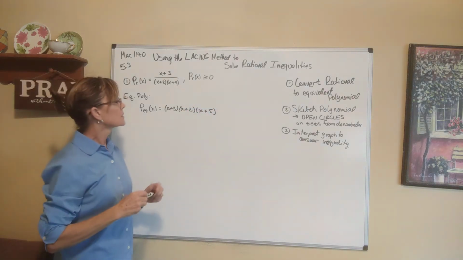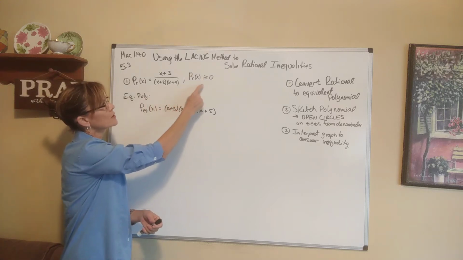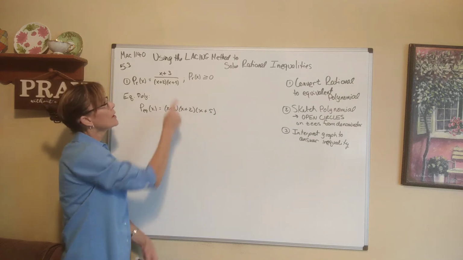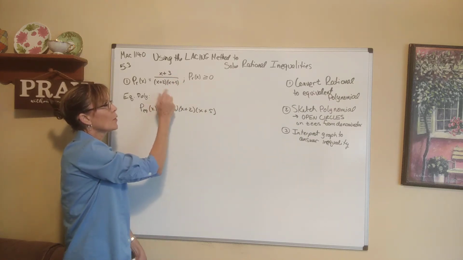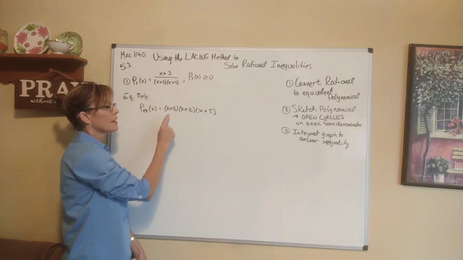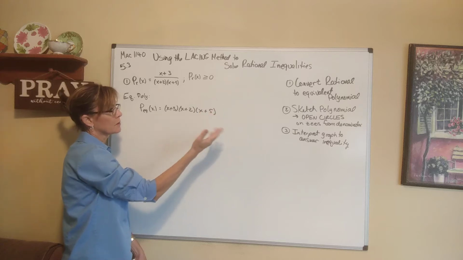Why can we do this? Well, what we're ultimately doing is saying, when is this greater than or equal to 0? A number that's positive divided by a positive times a positive will be positive, just like a positive number multiplied by a positive and positive will still be positive.